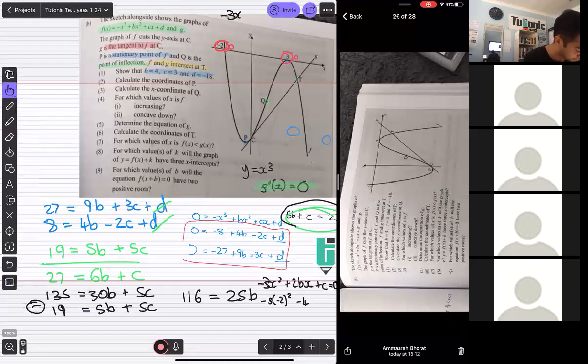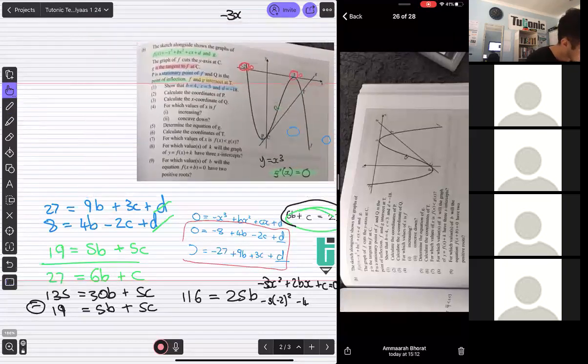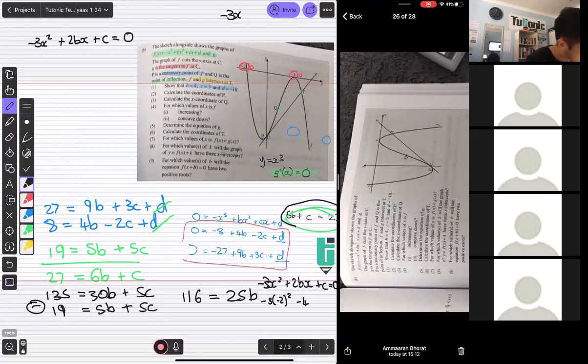We said it was minus 3x squared plus 2bx plus c equals 0 when x is 3. So minus 3 times 3 squared plus 6b plus c equals 0. 6b plus c equals 27. Yes, 6b plus c equals 27.